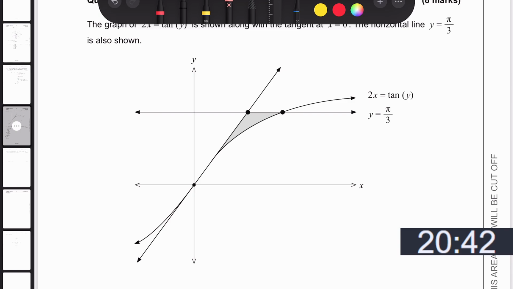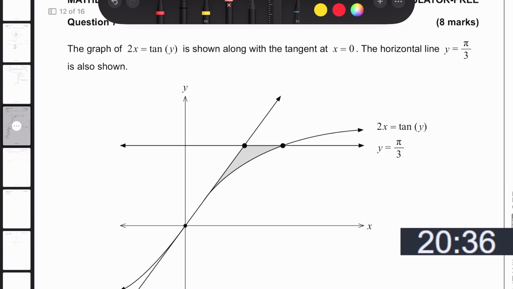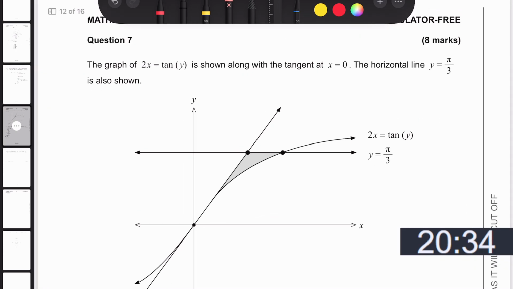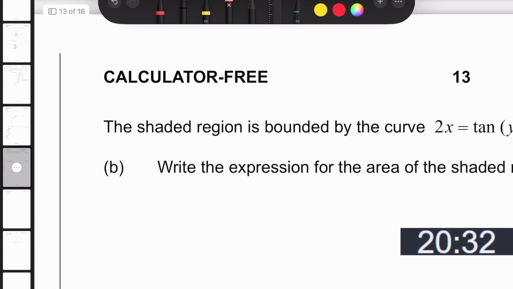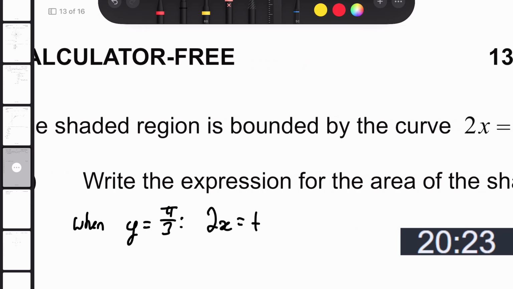Okay. So when y equals pi on 3, we have that 2x is going to equal tangent of pi on 3, which is tangent of 60, which is going to be square root of 3.